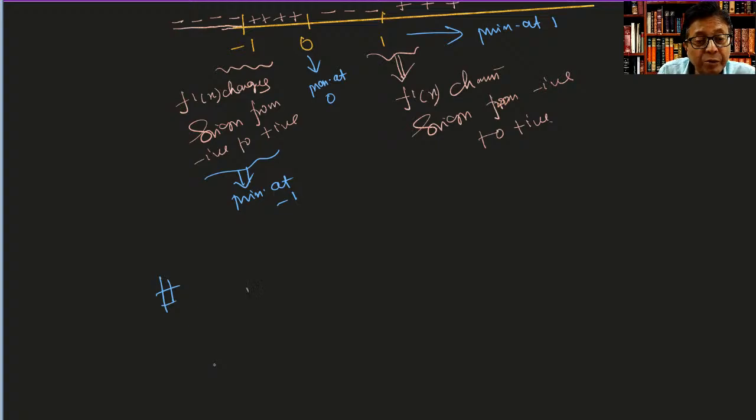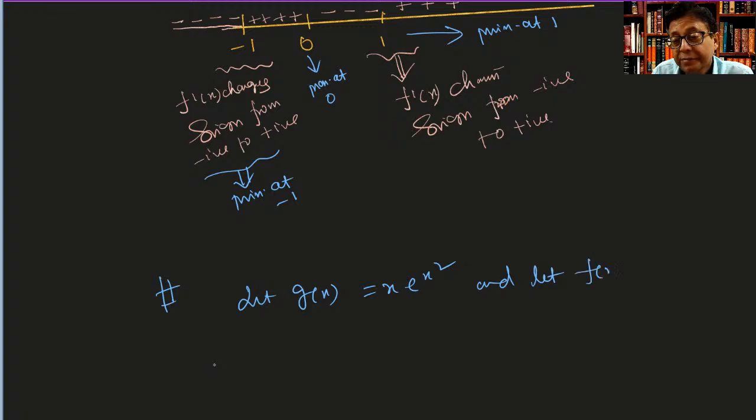Let g x equal to x into the power x square, and let f x equal to integral from 1 to x of (t plus 1 by t) dt.